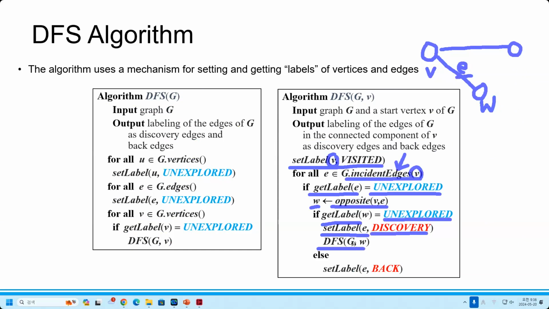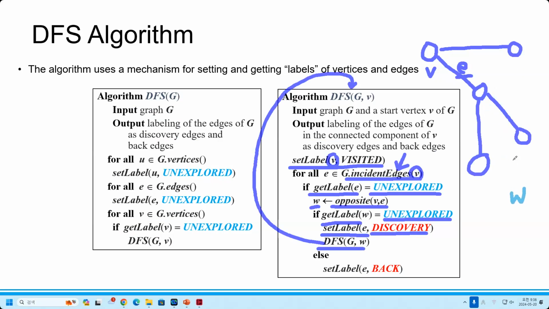And then we go to the next node, which is W, and from W we find another node. Then this will be a new V, and we will check another edge, and so on.